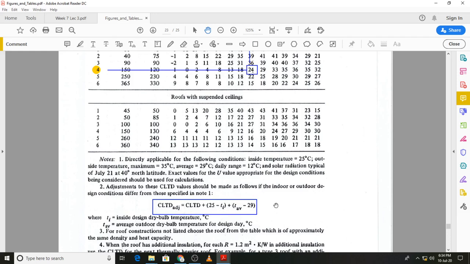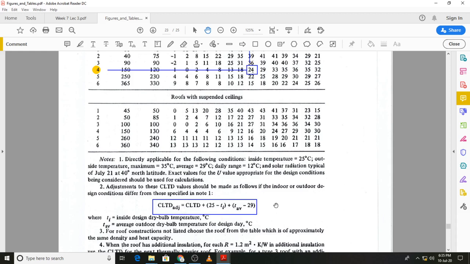TI is the indoor design temperature, which is given to us as 24 degrees C, and the temperature TAV is the average outside dry bulb temperature, which is given to us as 29.5 degrees C. So we just insert those values and find out the value of CLTD adjusted, and then find out the heat gain through the roof, and that is what's done in the solution.